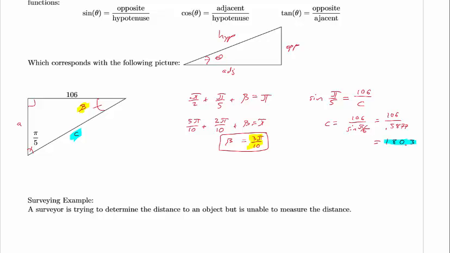Now to find the final side, we just use good old Pythagorean theorem. A squared plus B squared equals C squared. Like so, and then we simply solve.